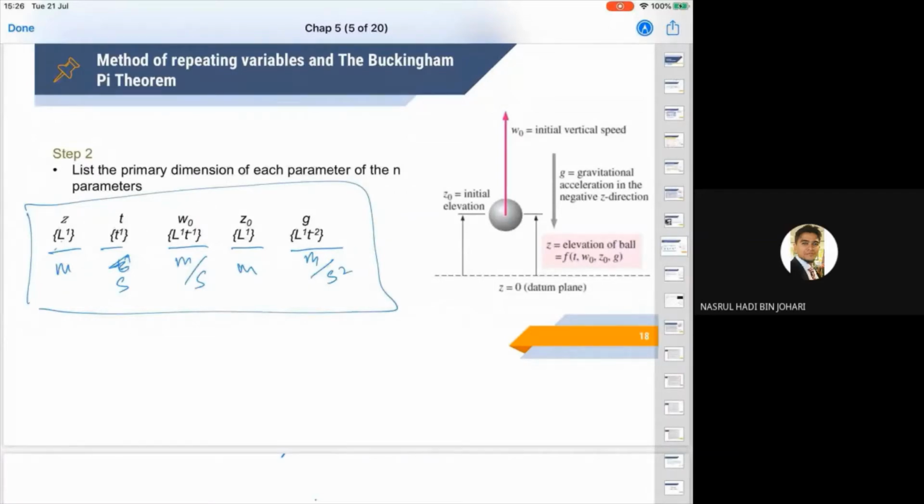Whenever it says acceleration, definitely the T is to the power of 2, so be careful. This one is T to the power of minus 2.